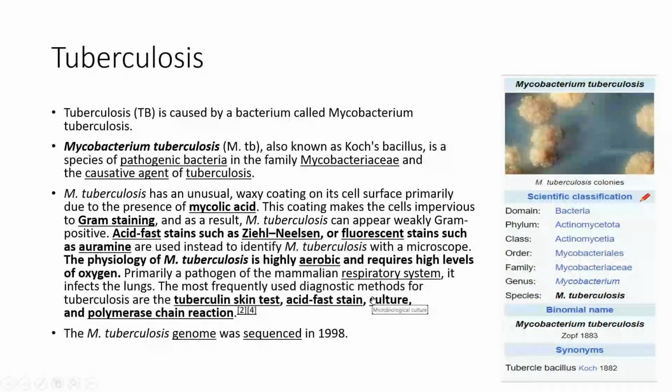Whenever you are diagnosing tuberculosis and writing a case, you have to mention whether it is pulmonary or extrapulmonary tuberculosis. For pulmonary tuberculosis, we usually write PTB, P for pulmonary, and for extrapulmonary tuberculosis, we write extra PTB.